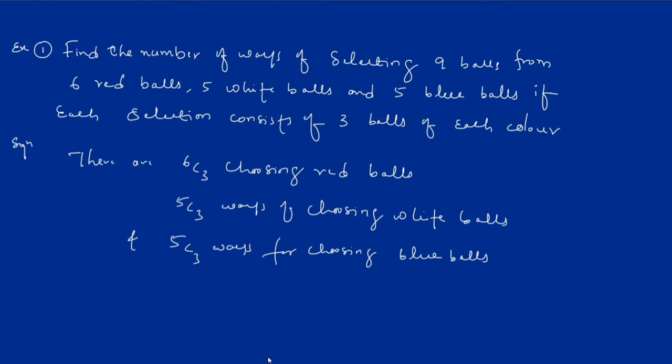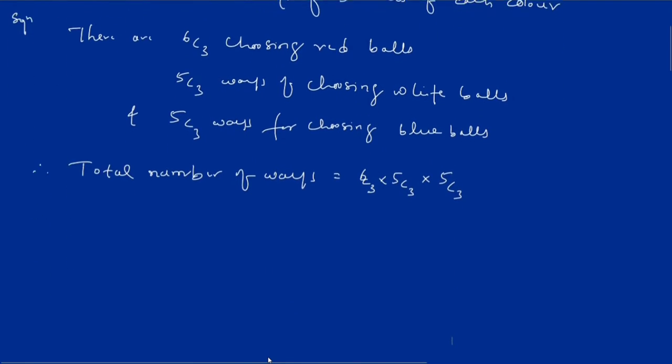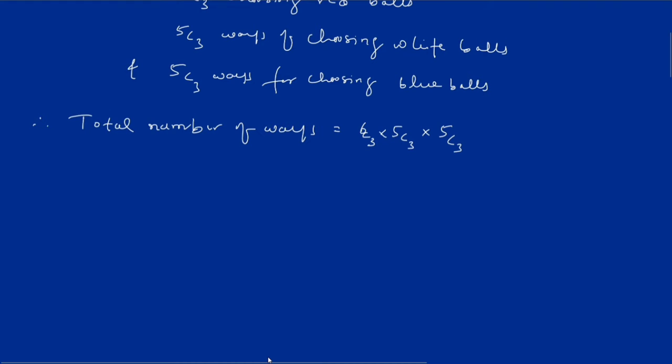So the total number of ways here is equal to 6C3 into 5C3 into 5C3, right? So now calculate this with respect to the combination formula.